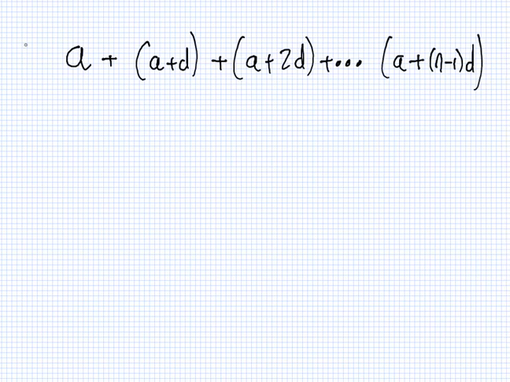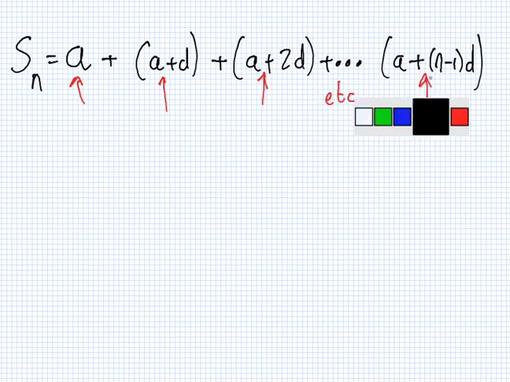So what I have here is the sum of the first n terms. First, second, third, etc., nth term. So my question now is, can I find a simpler formula for this type of problem? In other words, could I have some formula that lets me quickly add all the terms together? Well, of course. So let's have a look at finding this formula.